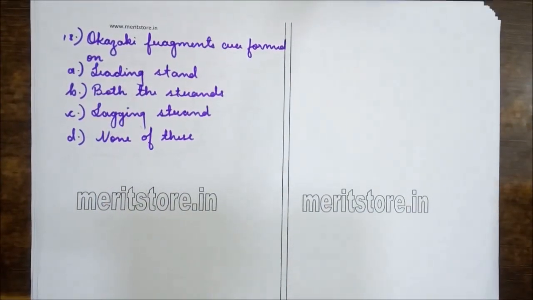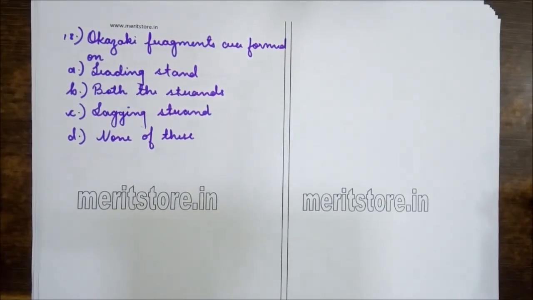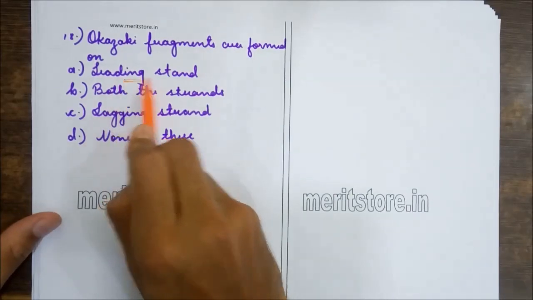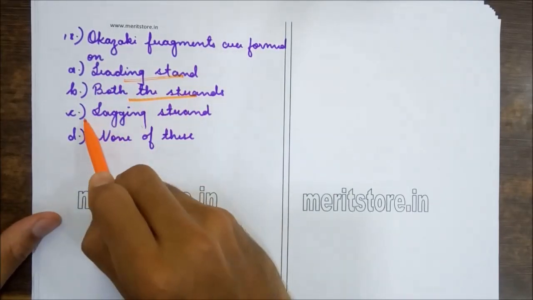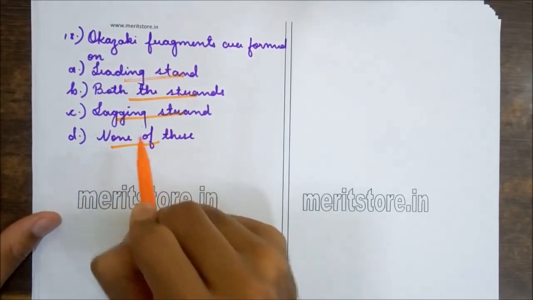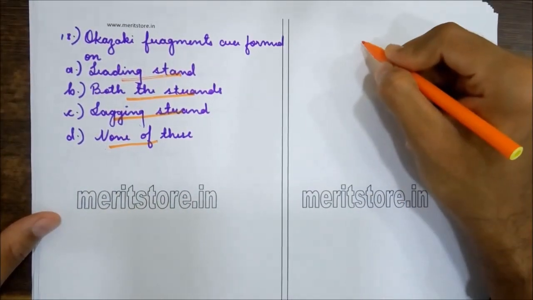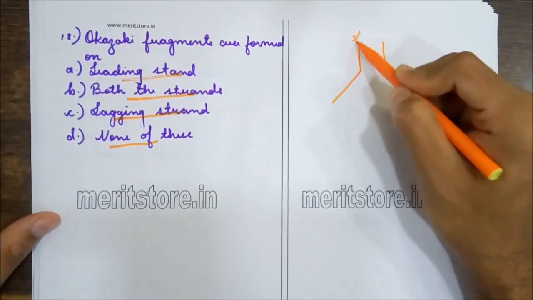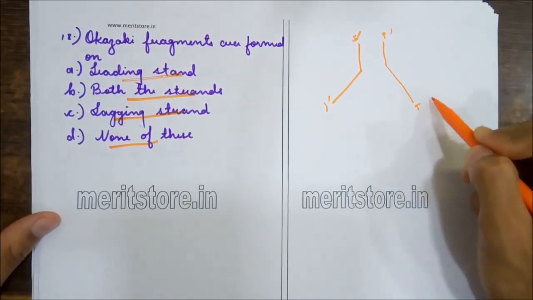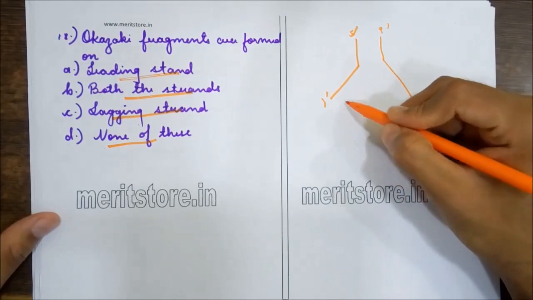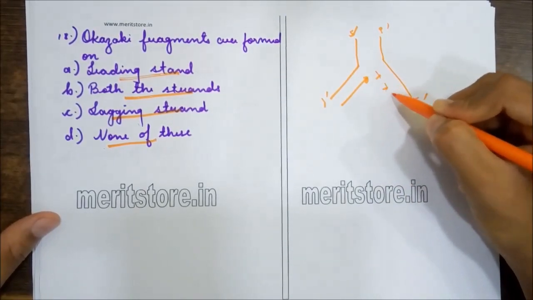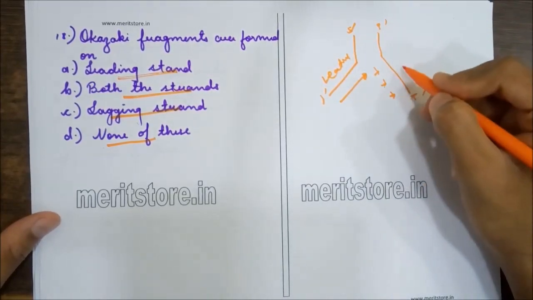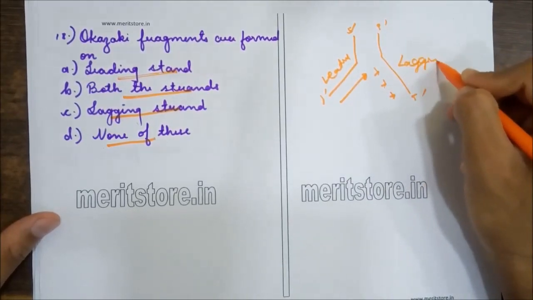Question number 18, Okazaki fragments are formed on option A, leading strand, option B, both these strands, option C, lagging strands, and option D, none of these. In the semi-conservative replication process of DNA, which occurs in 2 types, that is continuous and discontinuous part, the continuous one we call as leading strand, and the discontinuous one as lagging strand.